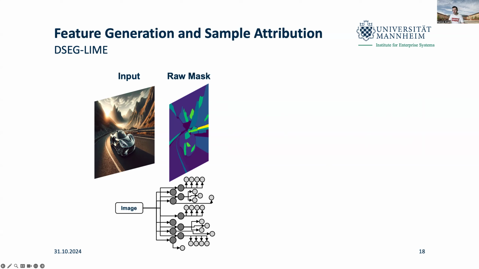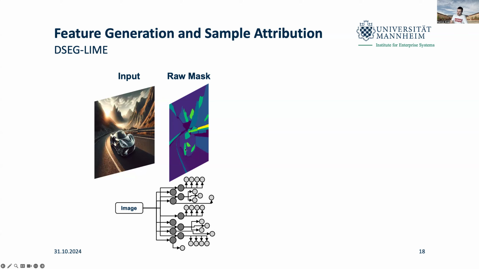And now we are interested in why it is classified as a hypercar, because there are other classes for cars like pickup truck, normal car, I don't know, so there are multiple classes of cars. In the beginning, we put the plain automatic mask generation, for example, provided by Segment Anything, on top of the image, and we end up with such an image, for example.